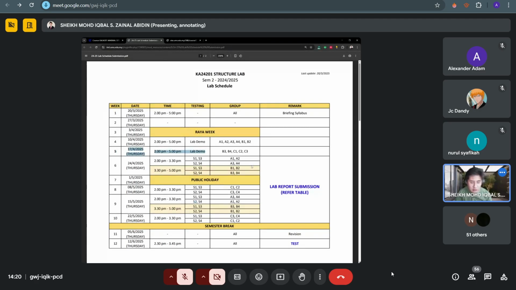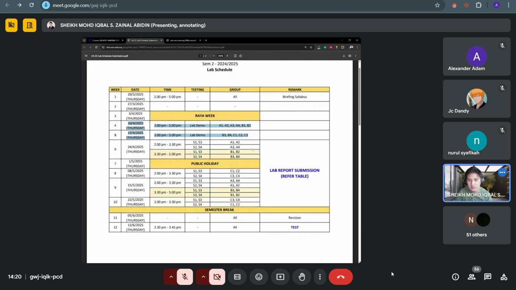No, right? You cannot do that. You will lose marks, right? During the lab demo, you have to come, pay attention, do whatever you can to collect the necessary information, write notes, record video, or divide amongst yourself, whatever you need to do to try to understand how to operate the machinery. Okay, so these are the schedule, right?